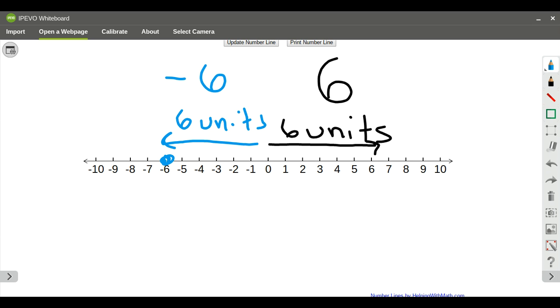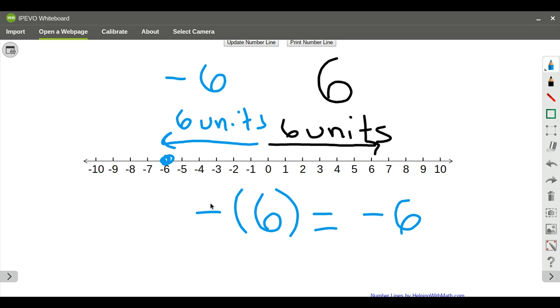Now, when we talk about opposite notation, the opposite notation is going to be written as the opposite of a value. So here, the opposite of 6 is going to be equal to -6. Okay, so that is the opposite of a number.